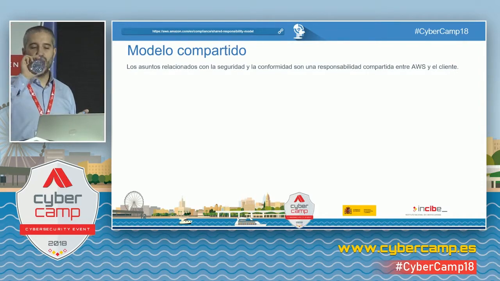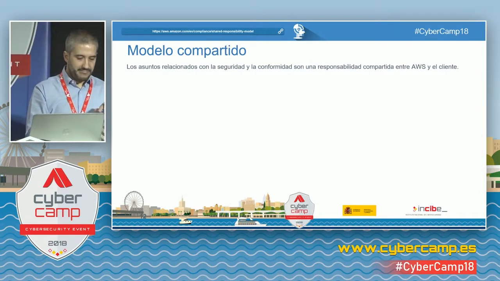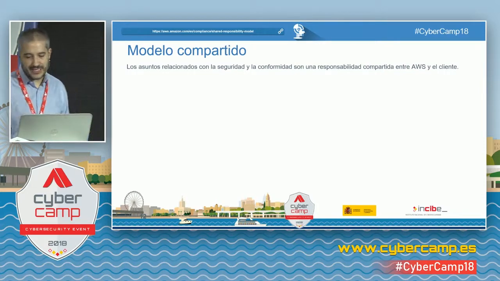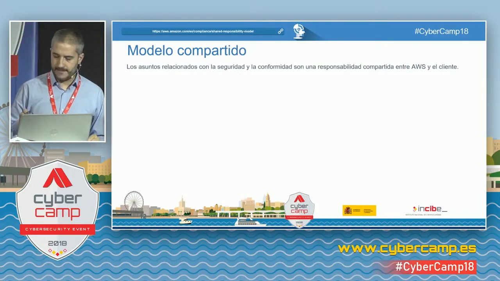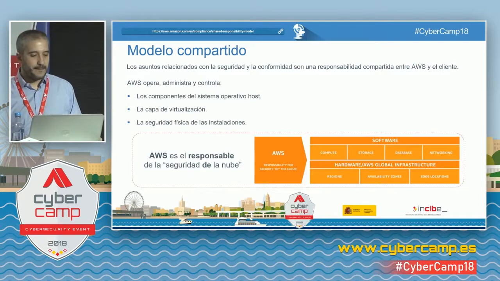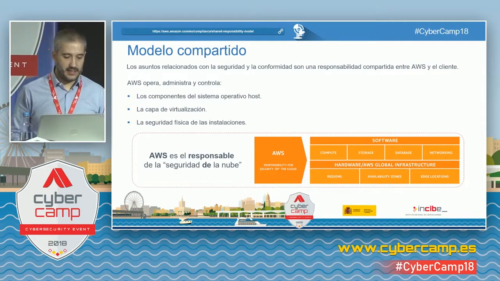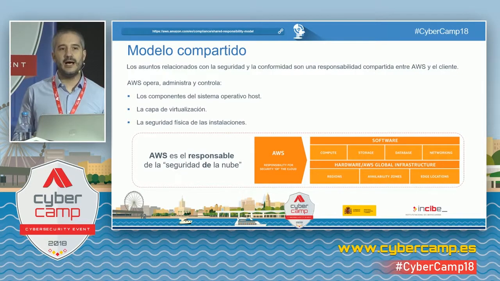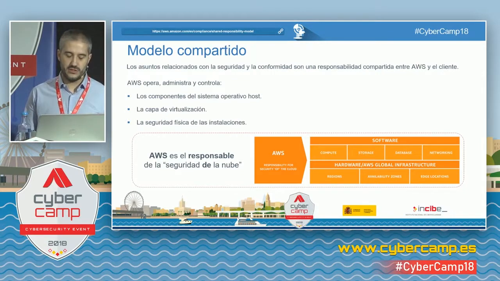So in Amazon, they work with a shared model. That's how they call it. So when we work with Amazon, there's part of security that Amazon looks after, and another part we have to cover. So what is cloud security?